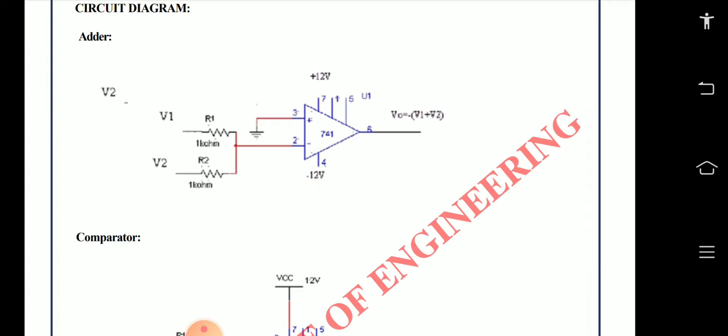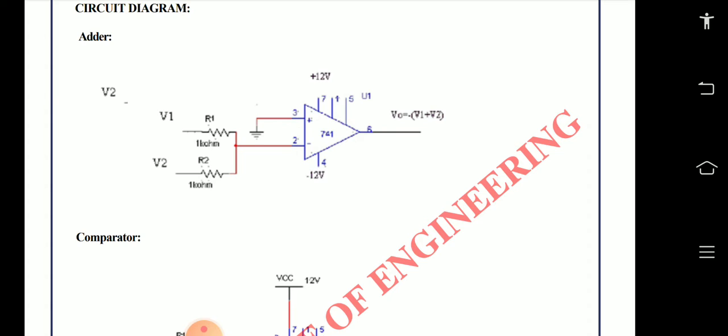For analyzing the circuit, you have to assume the op-amp is in the ideal condition. So your input bias current will be assumed to be 0, the voltage drop across your common resistor will be 0, and hence the non-inverting input terminal is at ground potential.